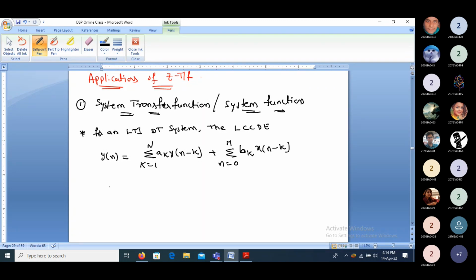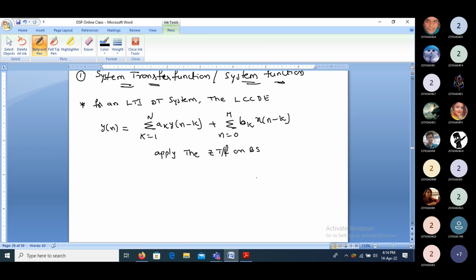So from this one, apply the Z transformation on both sides here. We get the system transfer function here. Apply the Z transformation on both sides. So first, Y of z is equal to summation, the Z transformation is applied only for signals, not for other values.